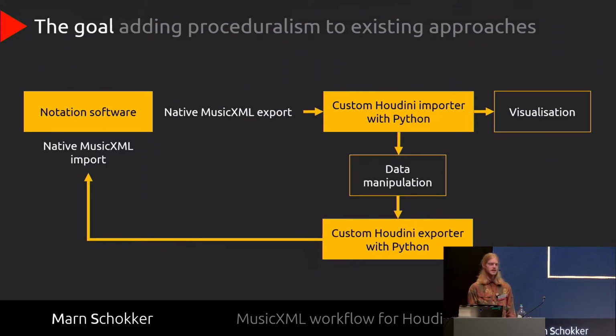Using Python and the ElementTree library, I wrote an importer and exporter for Houdini, and this is then converted into geometry. It can be utilized in Houdini itself for visualization, but the data can also be manipulated and exported back into the music notation software. And all data is fully preserved.